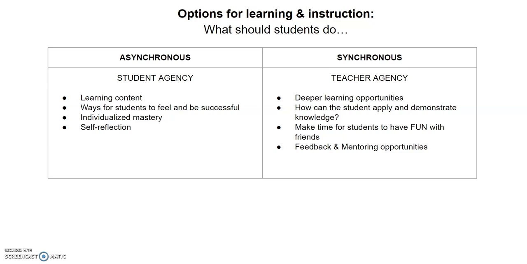But mainly learning content. What should the student know? This is when they're going to be looking at that content and learning it as individually and independently as they can. Ways for students to feel and be successful, focusing on their accomplishments, their growth, what can they do? Looking at this individualized mastery. So a lot of self-reflection is going to go towards that.